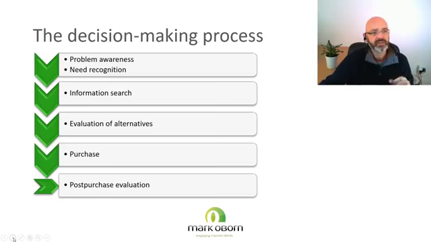So the decision-making process always happens whenever we make a purchase. Sometimes it happens in an instant. Sometimes it happens over the course of a few minutes, perhaps when we're in a shop. Perhaps it happens over the course of days or weeks if we're researching, going backwards and forwards to the shopping center. Sometimes it happens over a period of years.